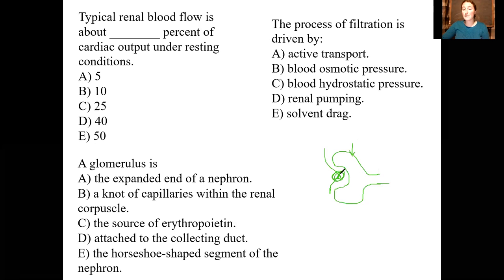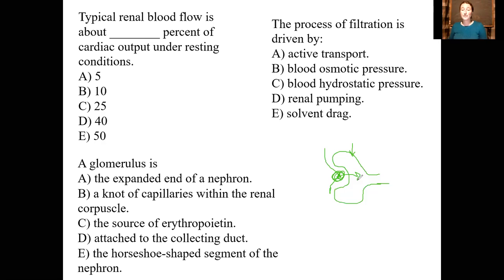Filtration is what's happening from the blood into Bowman's capsule. And so this is actually driven by the pressure of the blood. Okay. So active transport is what is going to drive reabsorption from the filtrate back into the blood. So those of you who have said active transport, that is an important process here, but that is more for reabsorption. Okay. And later we'll see secretion as well.